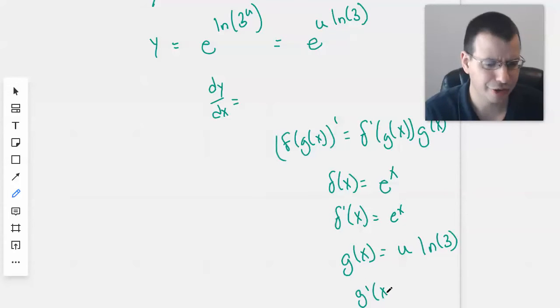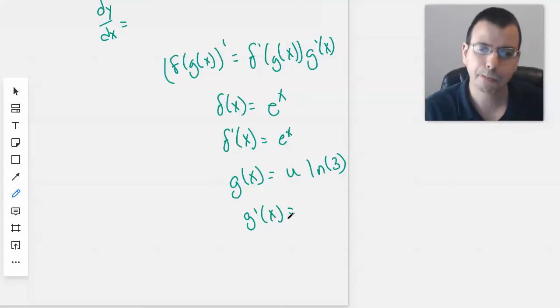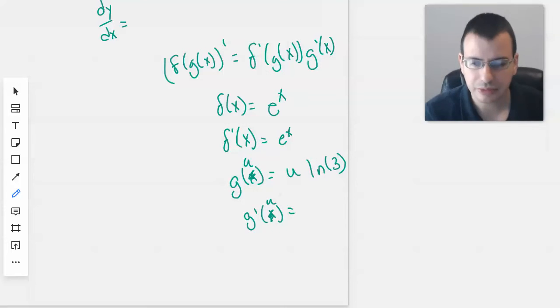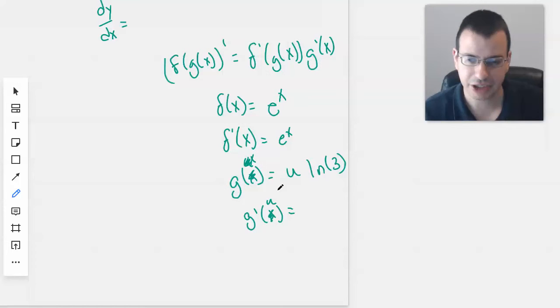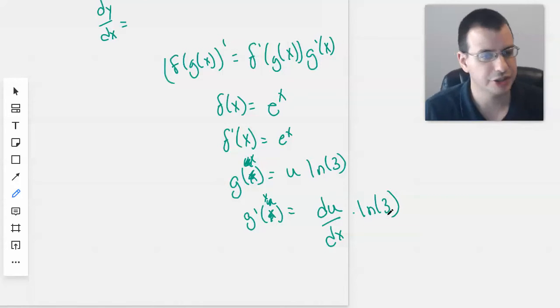g prime, I know there's no x's involved, that's fine. I should leave those as x's because it's u as a function of x. So g prime will become du dx times natural log of 3, a constant.